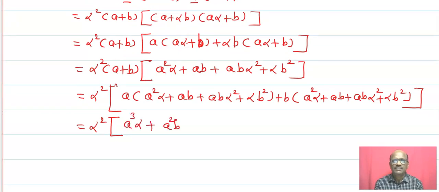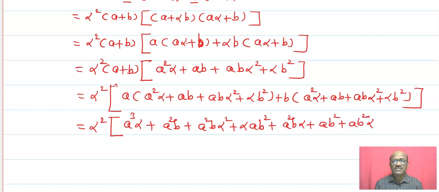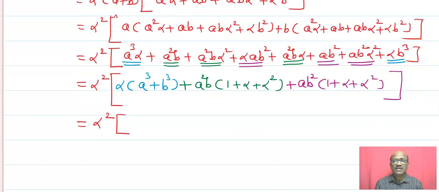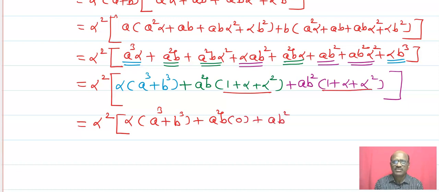Therefore, alpha square in bracket alpha A cube alpha plus A square B plus A square B alpha square plus alpha AB square plus A square B alpha plus AB square plus AB square alpha square plus alpha B cube, and written in the different ink also. From you can take the common as alpha in the next bracket A square B, in the next bracket AB square. Now in the first bracket you are getting the A cube plus B cube. In the second bracket you are getting the 0, and the last bracket you are also getting the 0.